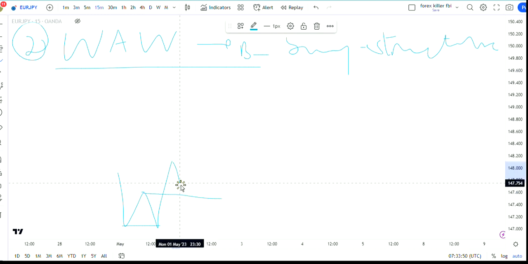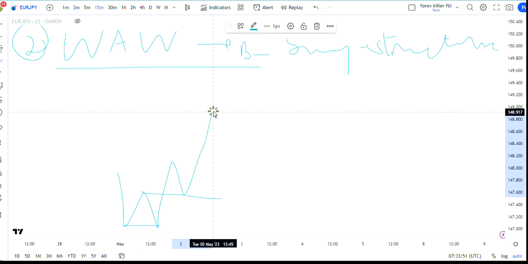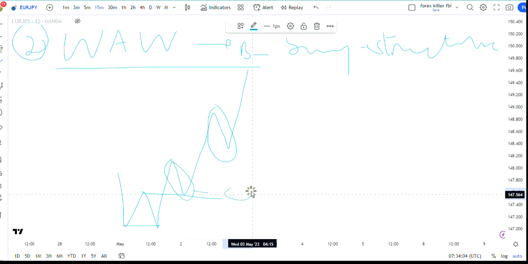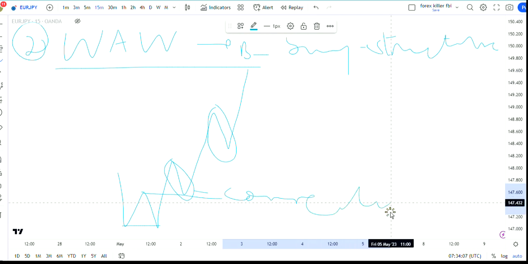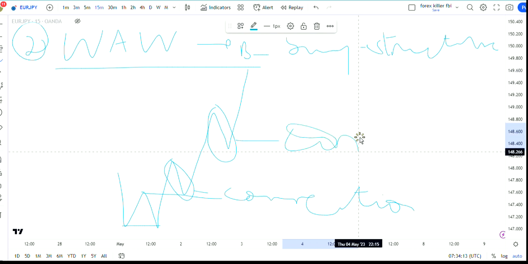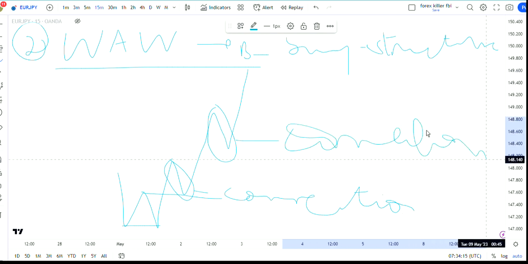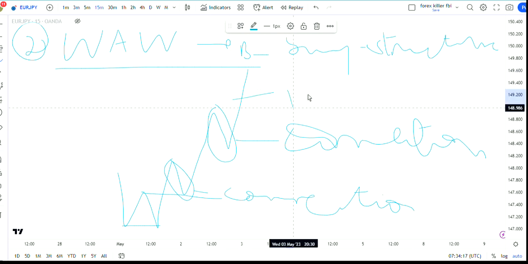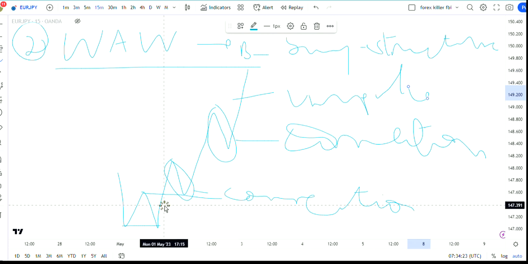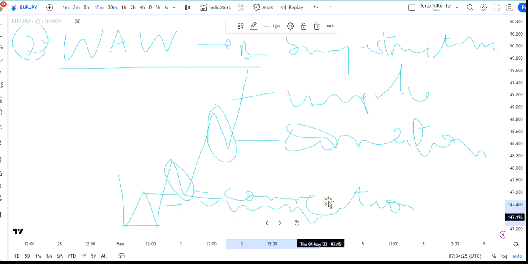Then it will be retested back, then the market will be going up, then going down, then up. This is what we call the A-like structure, and this is what we call a correction move. And this is what we call an impulse move.